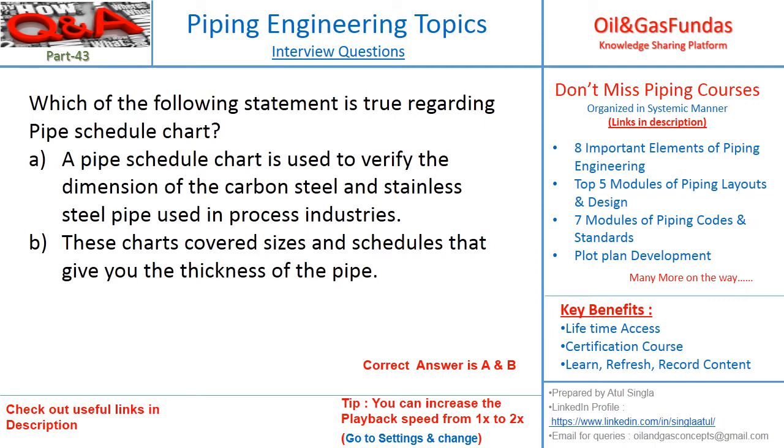The correct answer is A and B. Both statements are correct. These charts are giving us the sizes, schedules. Based on that we can get the thickness of the pipe. And these are used for carbon steel and stainless steel in process industry. So both of the statements are correct related to pipe schedule chart.